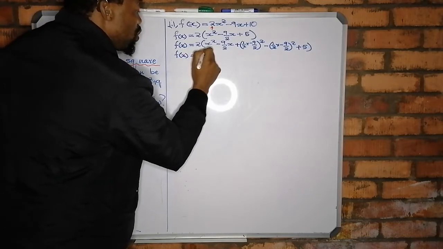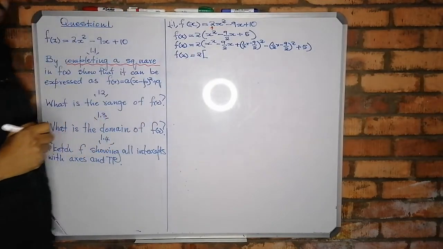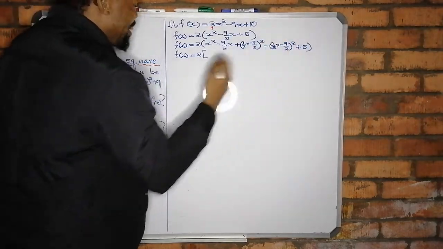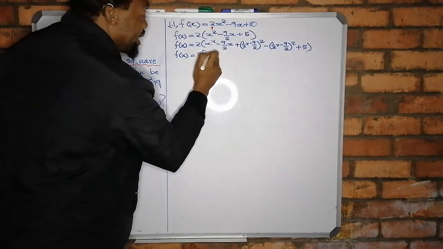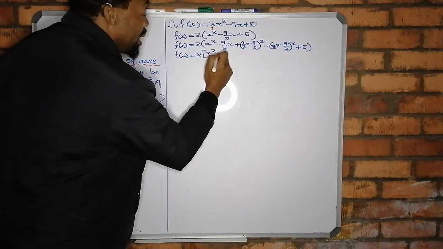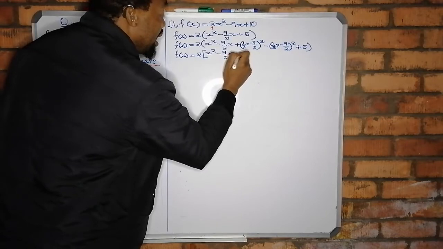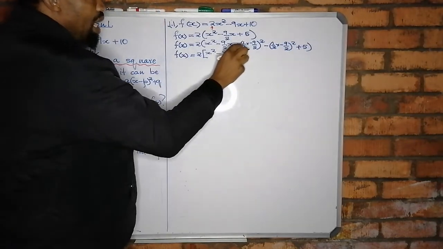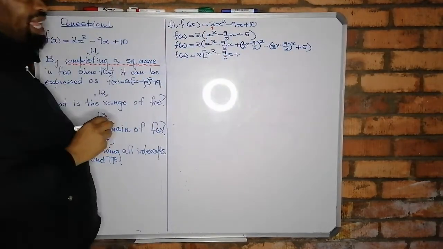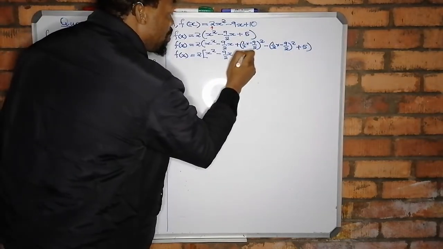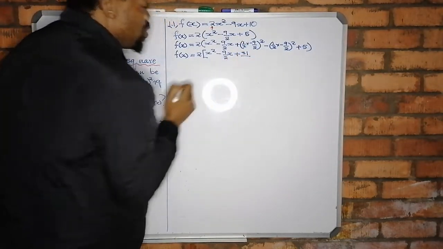That would be 2. Let's have a square bracket there because I have other brackets now. That is x squared minus 9 divided by 2x. That is a plus. I multiply this by that, I get negative 9. I square it, I get positive 81.